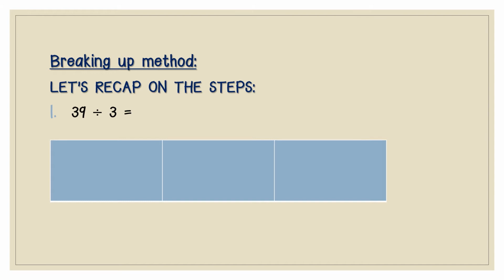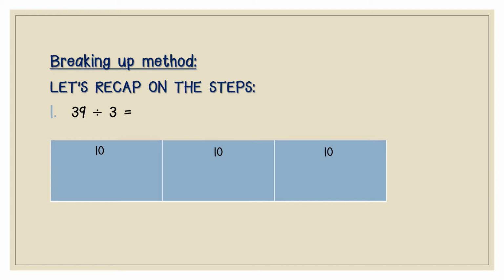We have 39, so we can count in tens. Let's give everybody 10, 10, 10. That's 10 plus 10 plus 10 is 30. We already gave 30 sweets to 3 people. We have 9 sweets left.